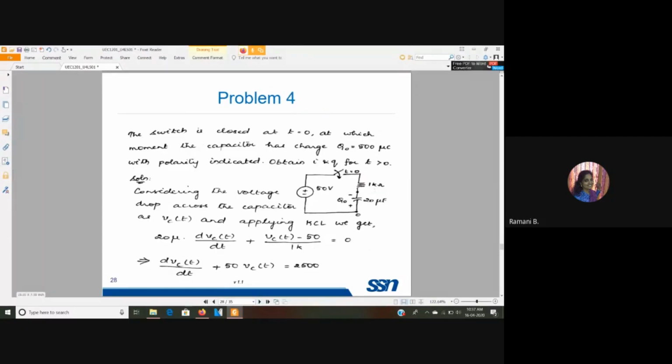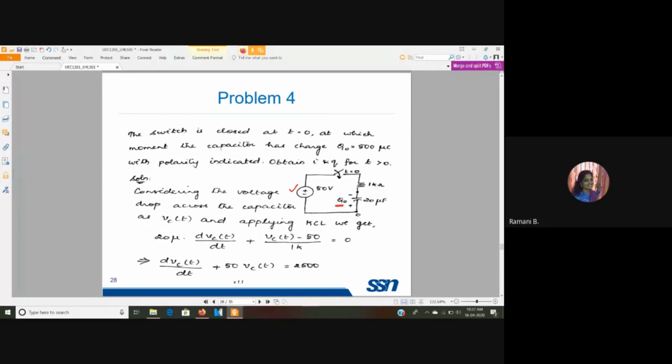Next, another problem. Here again, an RC circuit, you are given a source over here. The switch is closed at t equal to 0, at which moment the capacitor has charge Q naught equal to 500 microcoulomb with polarity indicated. So initially the capacitor has a charge Q naught. If it has charge, you can find the voltage from it.